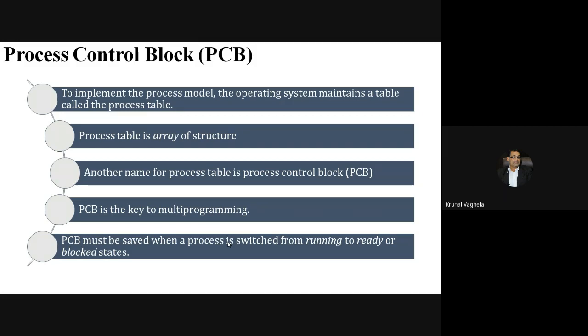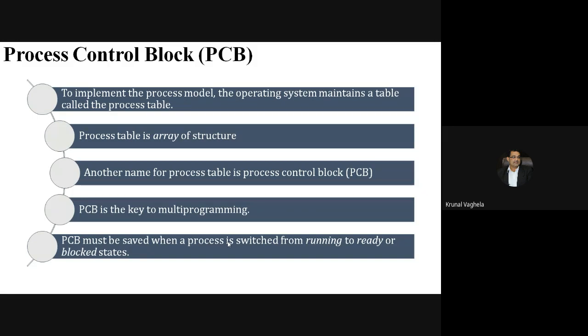Some are waiting for input, some are waiting for output, some are waiting for CPU, and some for an event. So how will the operating system remember all this? Operating system needs to remember, right? So to remember all these, the operating system will maintain a table, and the table is nothing but PCB.